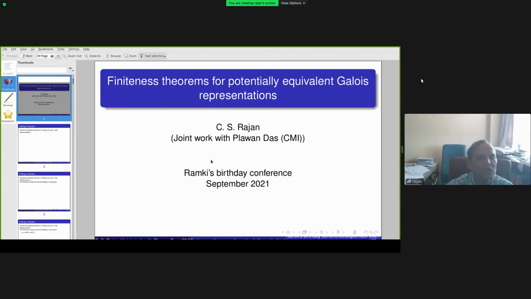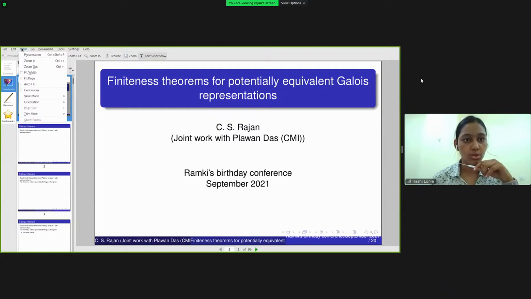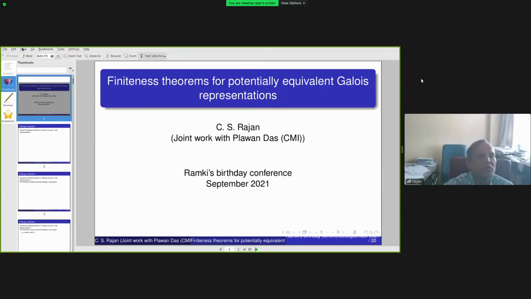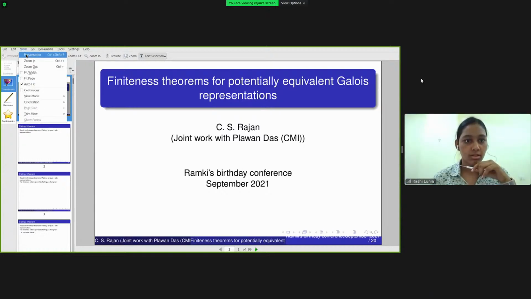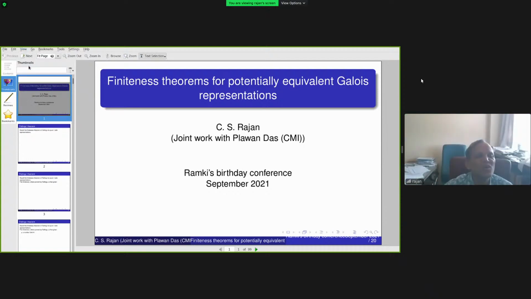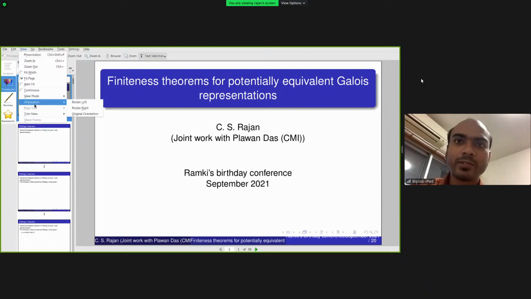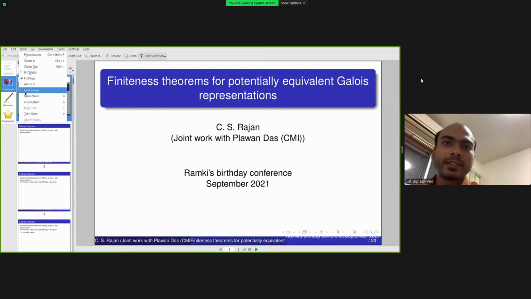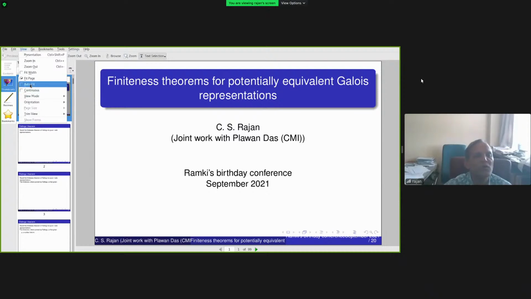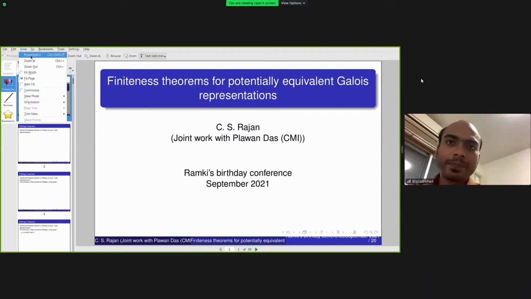No. Maybe you can try auto fit. Auto fit doesn't give anything, right? No, it doesn't. Or zoom out. No, or I think this is fine. Presentation mode is there, but it's not working, right?